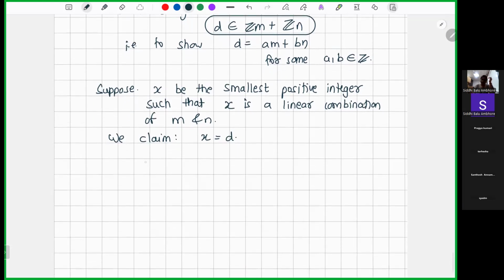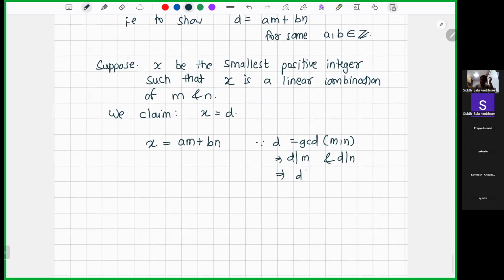So first note that since x is a linear combination of m and n, and since d is the GCD of m and n, this implies d divides m and d divides n. So this implies that d divides Am plus Bn.